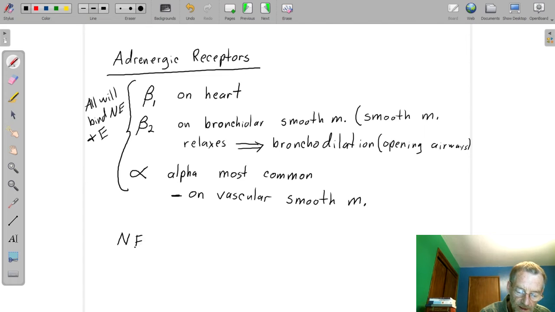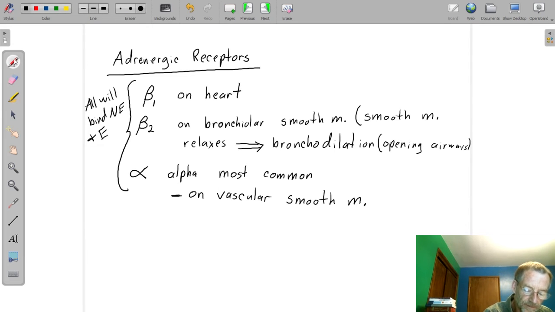Norepinephrine is released from sympathetic neurons, the postganglionic sympathetic neurons. Let me scratch that.